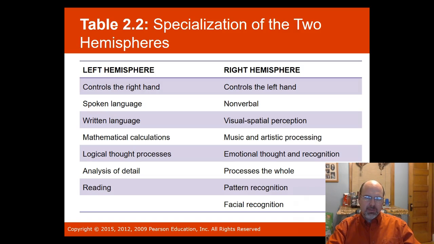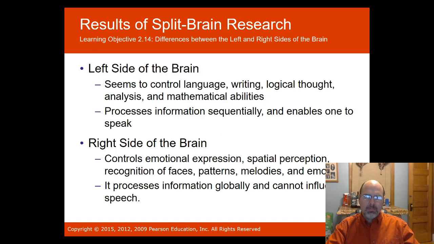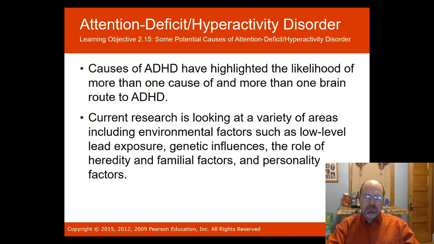It handles spoken language, written language, math calculations, logical thought, analysis of detail, and reading, whereas the right hemisphere lights up more with nonverbal, visual, spatial, music, emotional thought, processing as a whole, pattern recognition, and facial recognition. So the left and right brain have different functions.